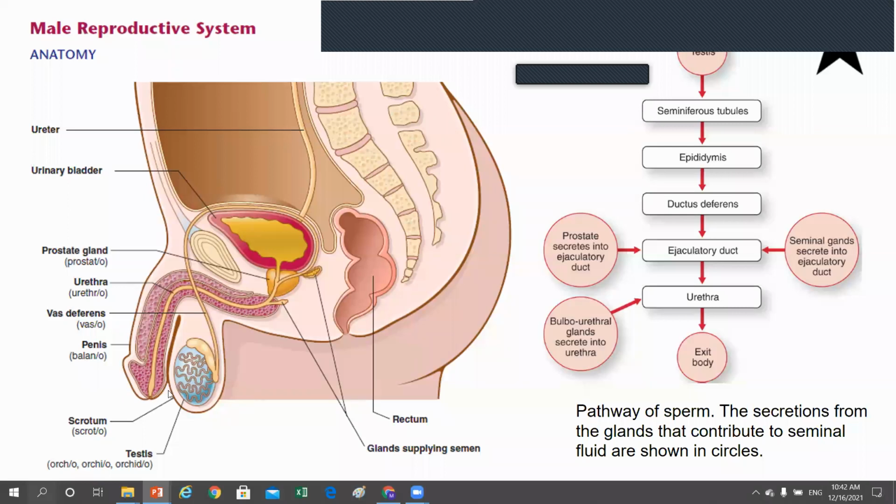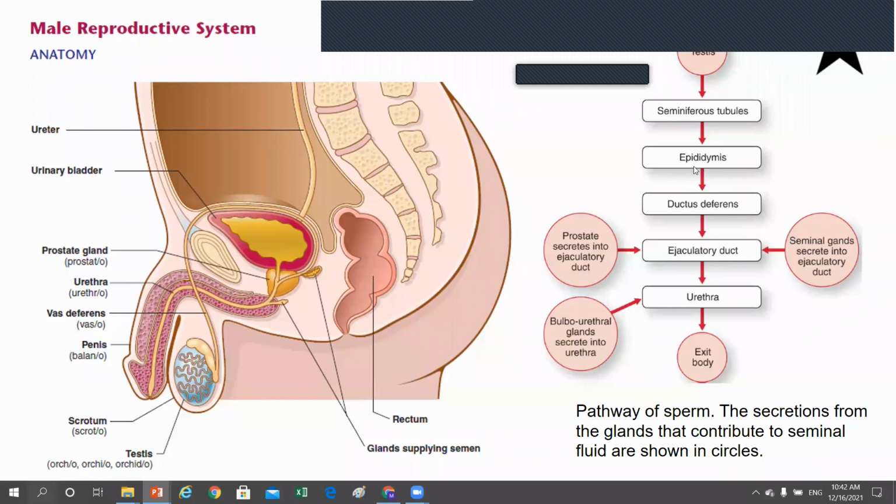Now this act we call ejaculation. So from the testes, in seminiferous tubules, seminal fluid or semen is produced, consisting of sperms carrying all genetic information from the father's side.